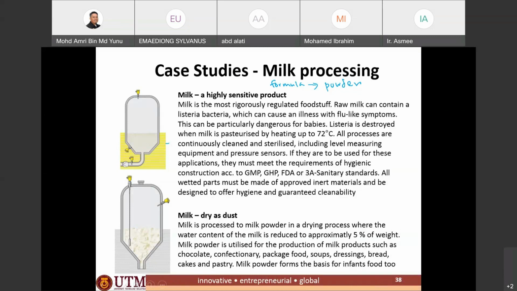In this application, you want to measure the height, so you need to use something that is non-invasive, meaning it is sterile. But I will show you another example of milk processing.